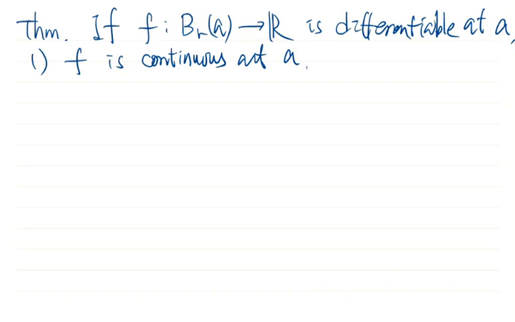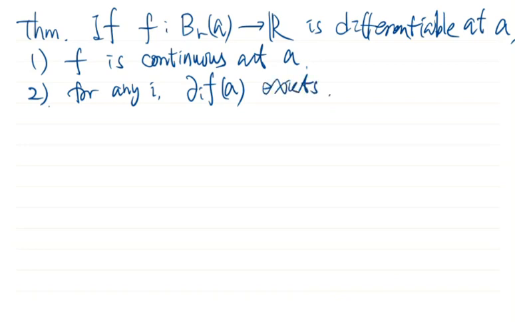The second thing is that for any i, the partial derivative of f with respect to xi, we denoted by difa, exists.